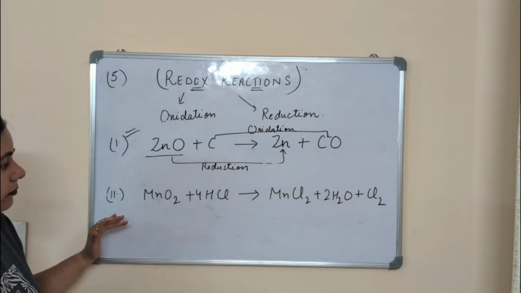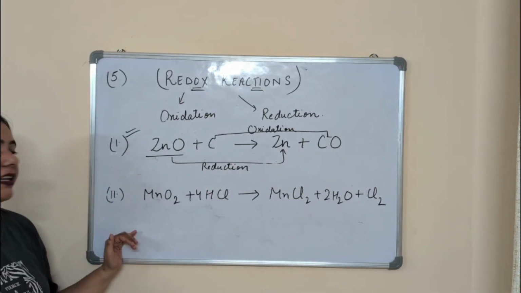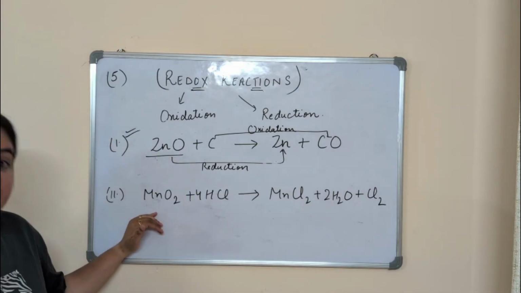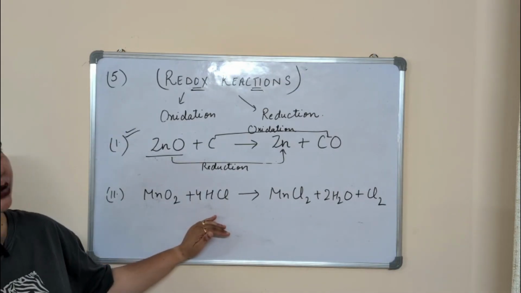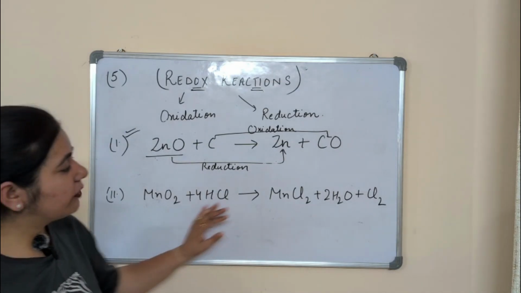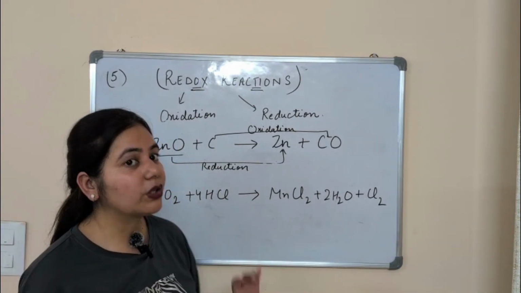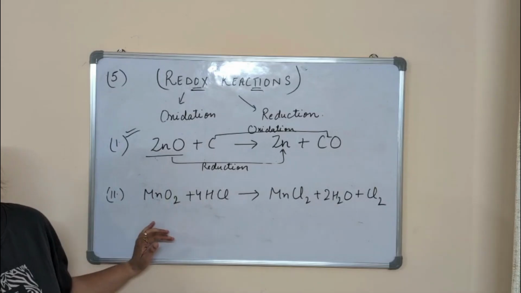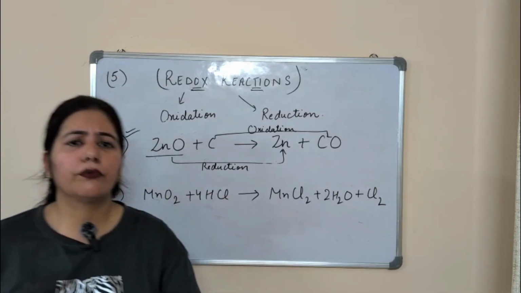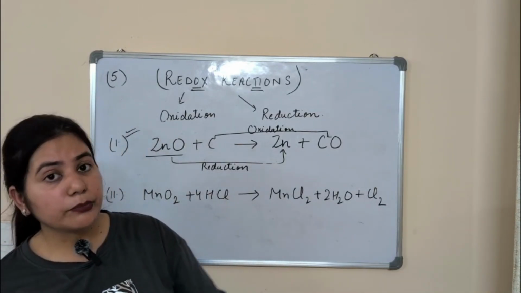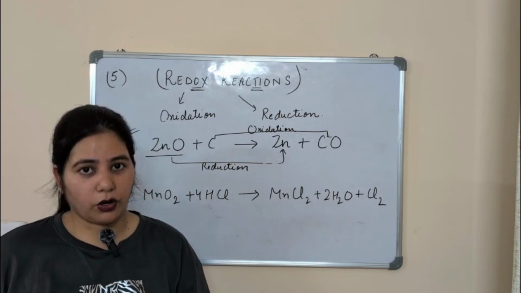Now come to the second part, in which we have taken manganese dioxide with hydrochloric acid. On reacting, what they are giving to us is manganese chloride plus water along with chlorine. Now you will see that not only addition of oxygen is oxidation or removal of hydrogen is oxidation.